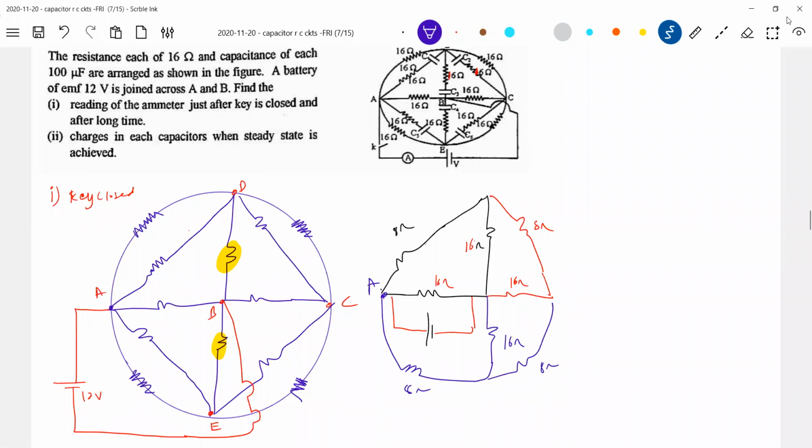This is across, circuit will be AB. The cell is connected across AB.